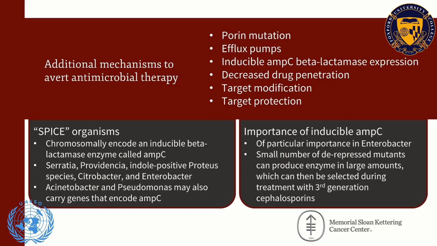For example, quote, SPICE organisms chromosomally encode an inducible beta-lactamase enzyme called AmpC. Members of this group include Serratia, Providencia, indole-positive Proteus species, Citrobacter, and Enterobacter, although both Acinetobacter and Pseudomonas may also carry genes that encode AmpC.